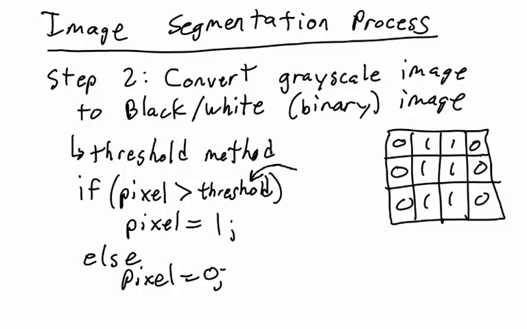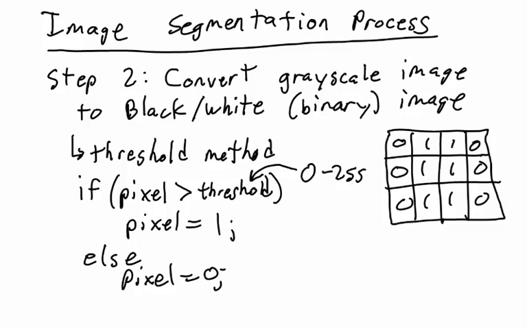For example, we might say if a pixel is greater than 100, then the output pixel should be 1, otherwise the output pixel should be 0. This step allows you to go from an image with pixels varying from 0 to 255 to an image with pixels that have values only 0 or 1. And this will give you a black-white or binary image.